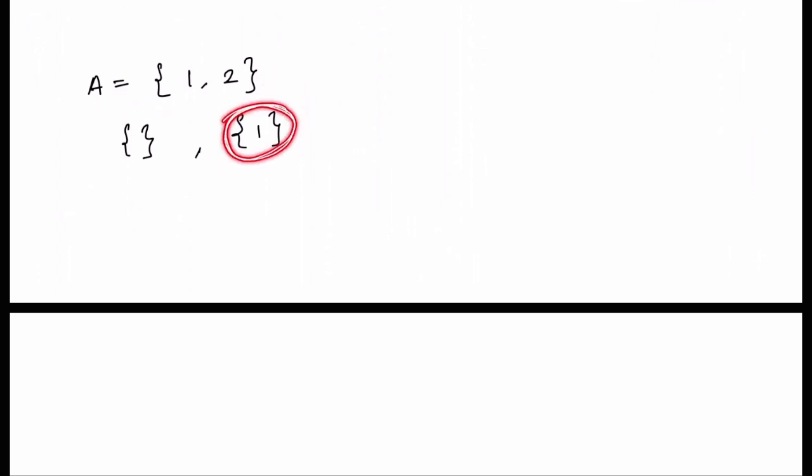Because every element of this set is in A. Okay. Now similarly we can write a set that has element only 2. This is also a subset of this set because every element of this is in this set.